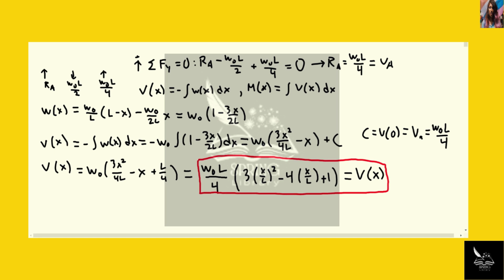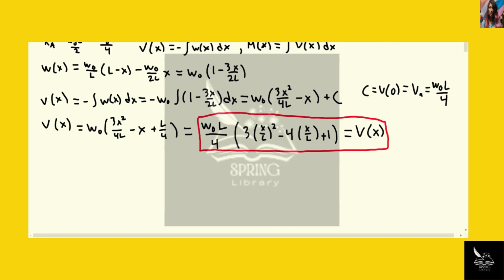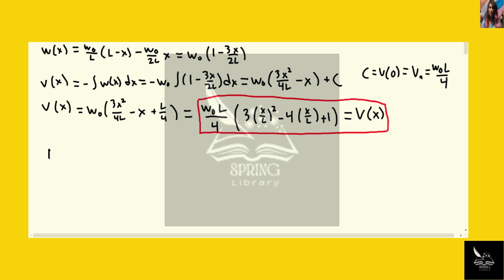All right. Now we can use that to find our M of x. So M of x is integral V of x.